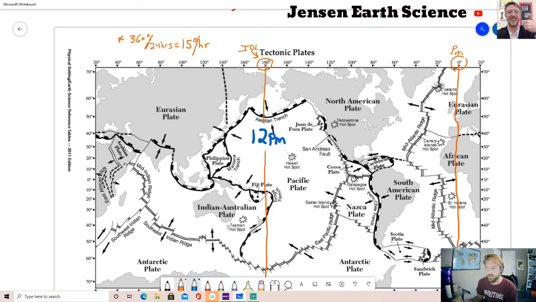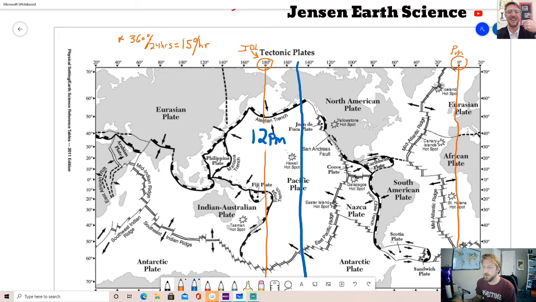I'm going to try and do it in even 15s. Let's say 150. I'm going to draw a line for 150. So my blue line is now 150.